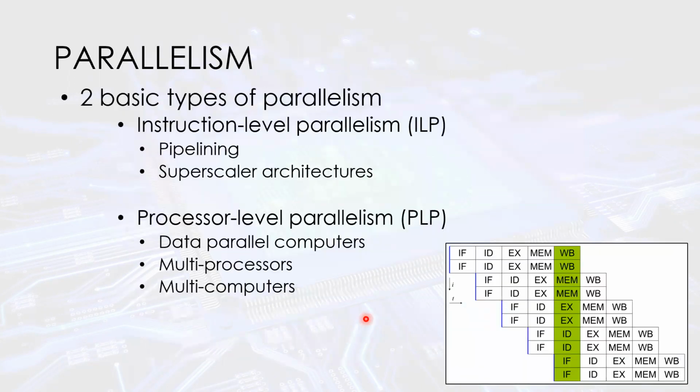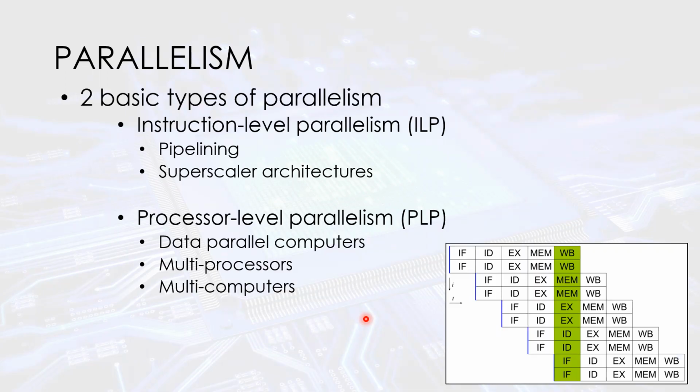Okay, and we started to talk about what that looks like from an architecture perspective, and we talked about different types of parallelism. There is ILP, which is really what we focus on when we talk about processor architecture. I don't want to say it's the more interesting, but it's definitely the more intricate version of parallelism.